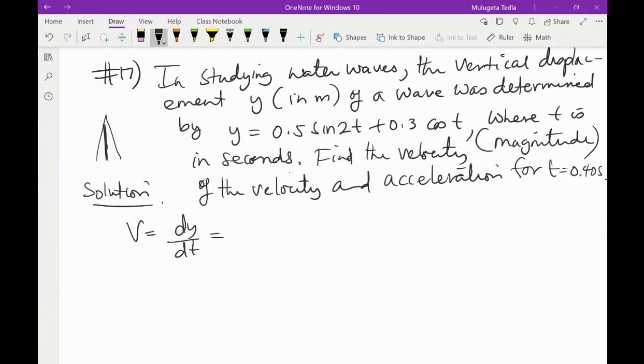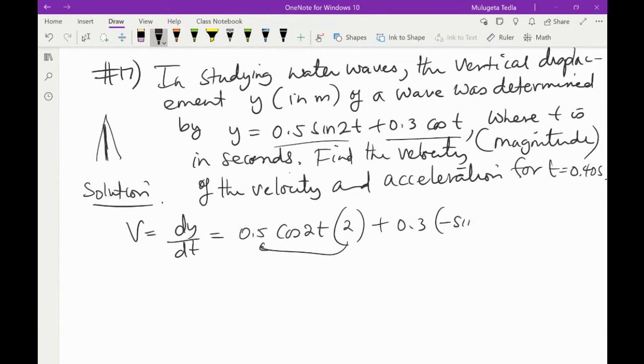So dy by dt is, what is the derivative of that? It is 0.5 times the derivative of sine, which is cosine of 2t, times 2. You can multiply that. What is the derivative of the second term? It is plus 0.3 times minus sine of 2t. That's the first derivative. So this is cos of 2t, minus 0.3 sine of 2t.